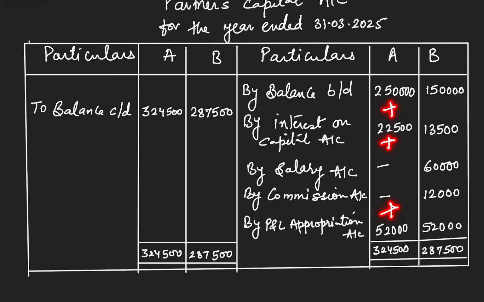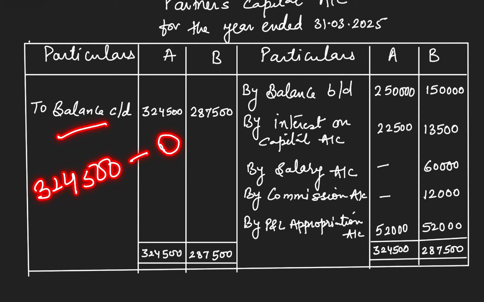Now the total of 2,50,000 plus 22,500 plus 52,000 gives us 3,24,500. So the credit side 3,24,500 minus the debit side, which is 0. Thus the balance carried down comes out to be the same, 3,24,500. Right?